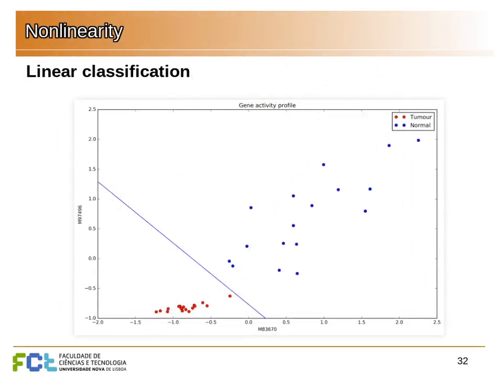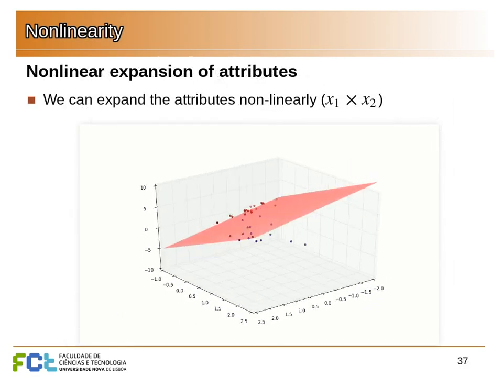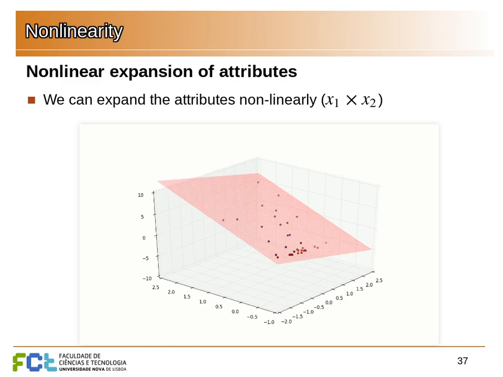So these are gene activities of two different genes, and the differences between tumor cells and normal cells. But if we look at a different pair of genes, then it may no longer be linearly separable. So in this case, we have one normal cell here, and we cannot draw a straight line that perfectly separates the two classes. But as we saw before, we can solve this by doing some nonlinear transformation on this data.